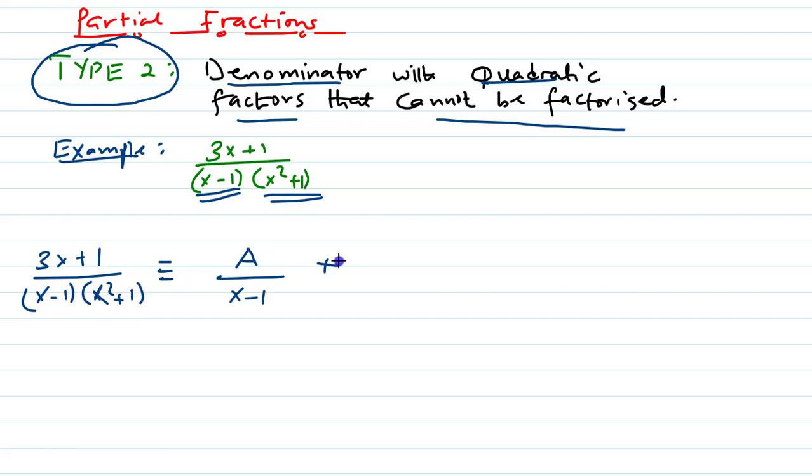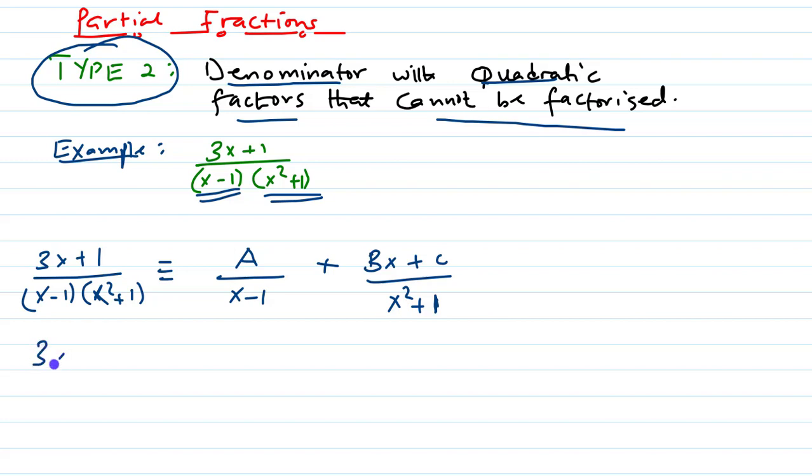So that means I must have 3 unknowns here. So I'm going to write bx plus c, a polynomial of degree 1, which is less than x squared plus 1. So we have 3 unknowns to find, and a polynomial of degree 3 in the denominator, so that matches perfectly.